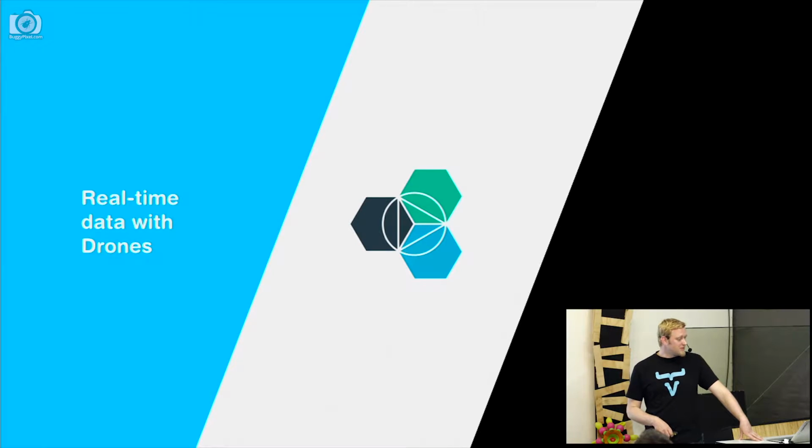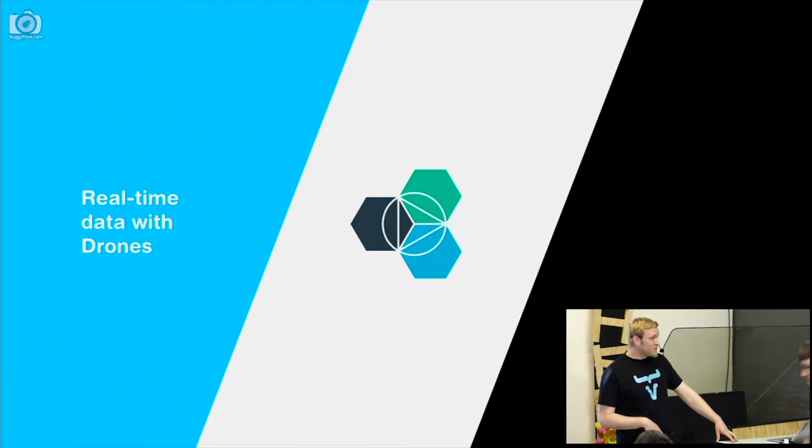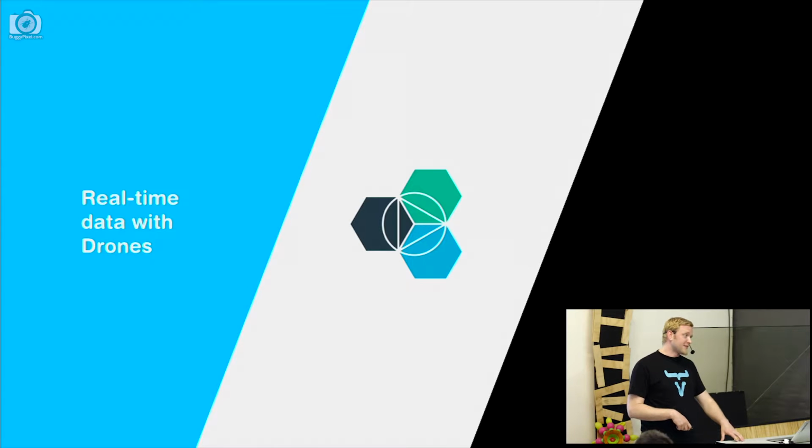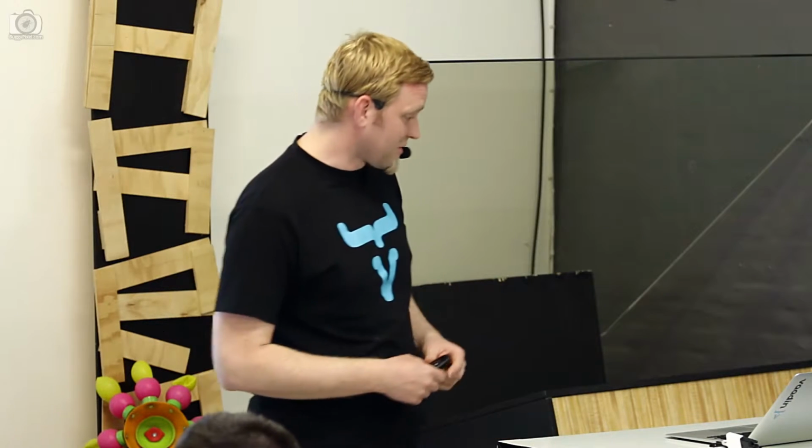All right. So what are we going to talk about today? Real-time data with drones, of course. That's the first part. The second part is Bluemix. You've been hearing about that pretty much. So let's make this straight as well. I don't work for IBM. I was invited here. I'm a business partner of IBM. I work for Vaadin. You're going to hear a lot about Vaadin before I end here.